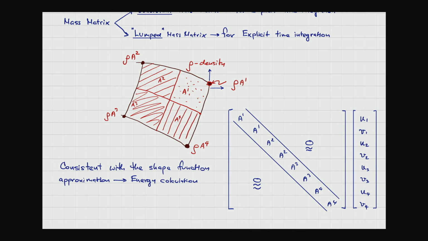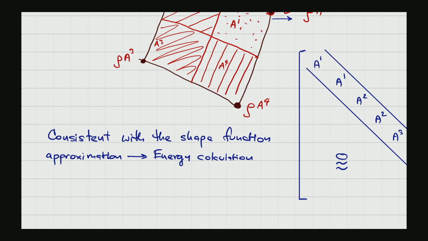If you think about the kinetic energy in the given elements, if you want to find the kinetic energy, it is a half multiplied by rho, which is the density, and you have the velocity squared, and then you have the area, which is the domain.